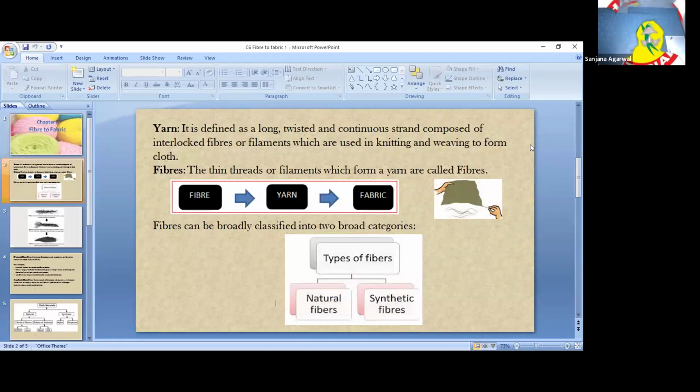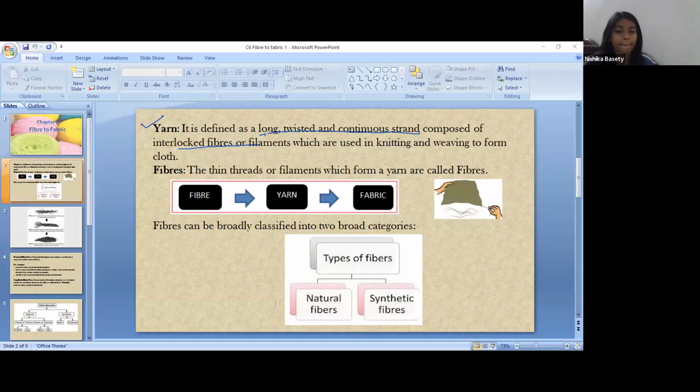Before beginning, before fiber, we have this yarn. So what is yarn? It is a long, twisted, continuous strand composed of interlocked fibers or filament, like from a handkerchief or any cotton fabric. Have you ever pulled out a single strand out of it, just for fun? In childhood, we used to do this.